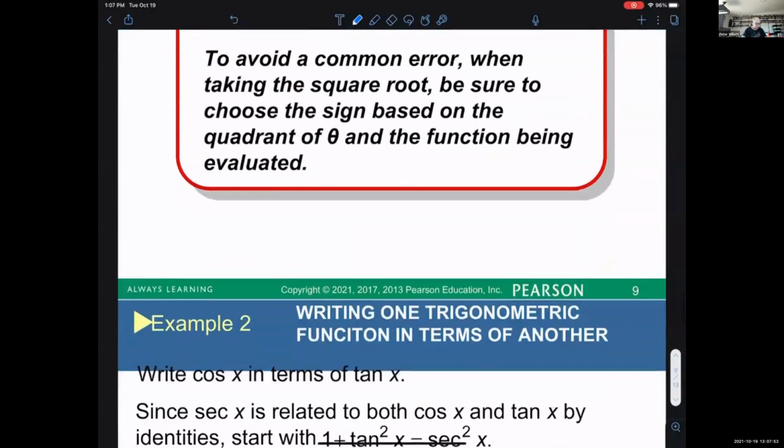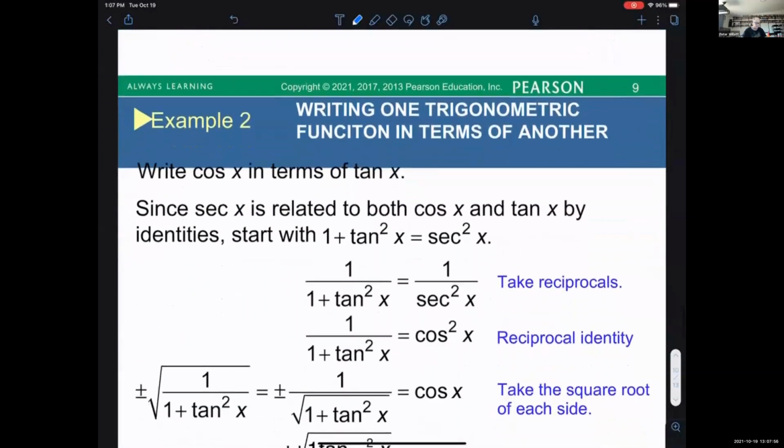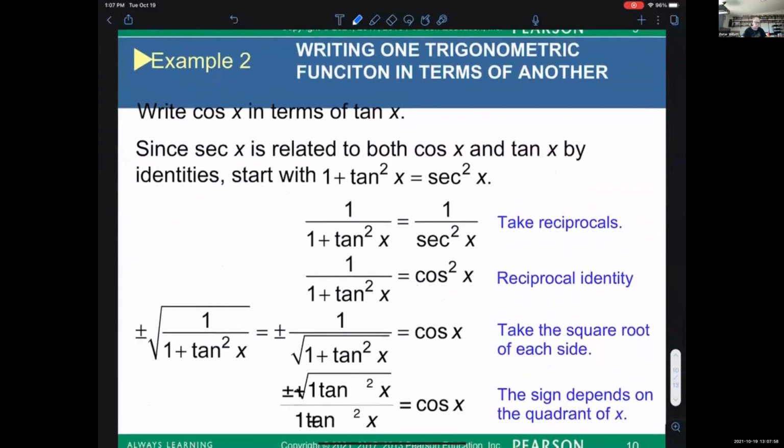All right, so let's see, example 2. So this one is more challenging because they're not giving us an equation to solve. The task, which is a little bit misaligned on this slide here, is to write cosine x in terms of tangent of x.